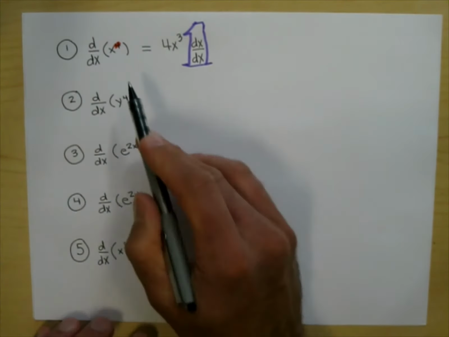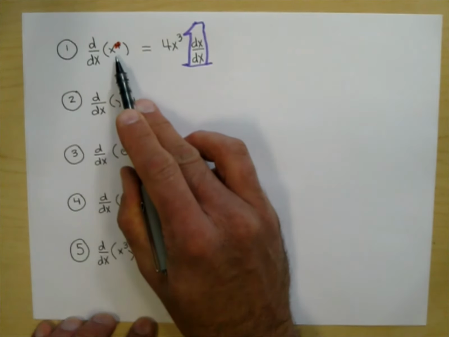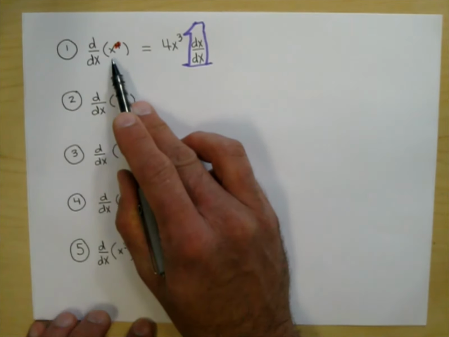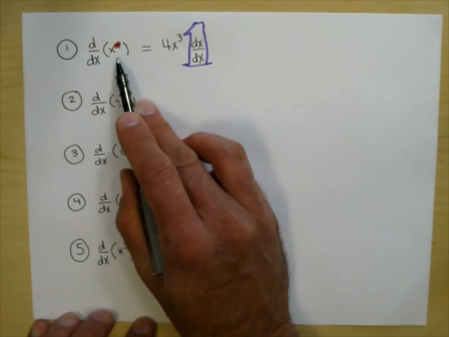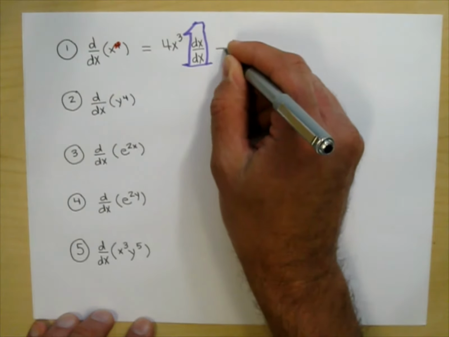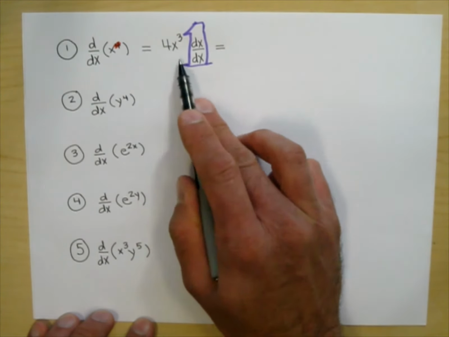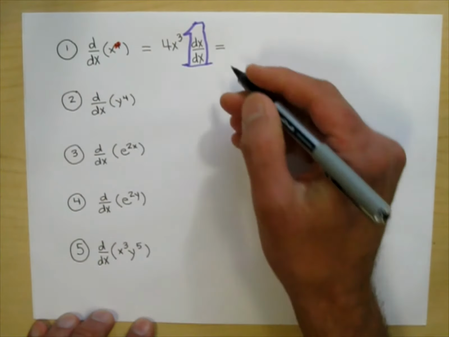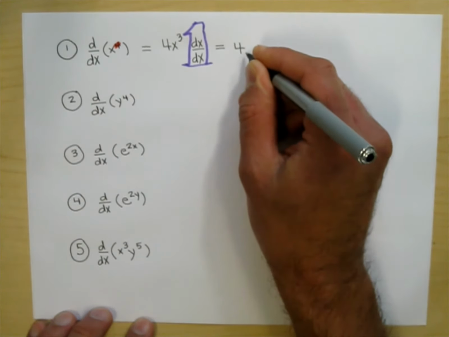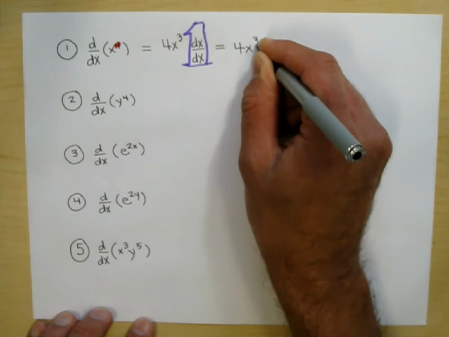So we never did that. There was no need to tell you, oh yeah, by the way, we're doing a chain rule here, because when we first learned this, we didn't know the chain rule. But now I'm just saying that when you have an x, you're really going dx/dx after you've finished your little shortcut. So the answer right here is 4x cubed.